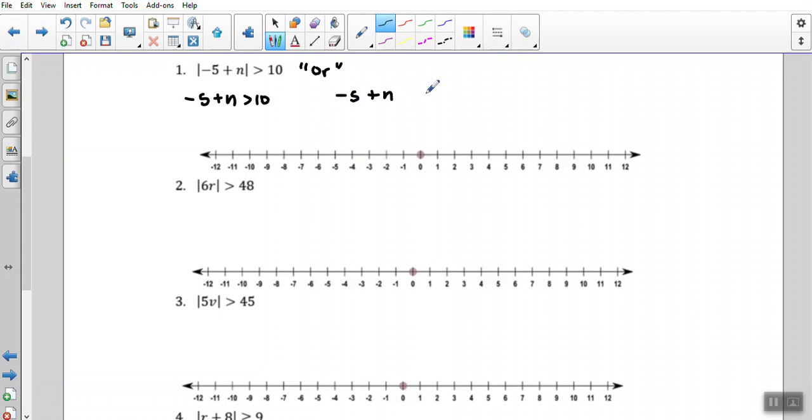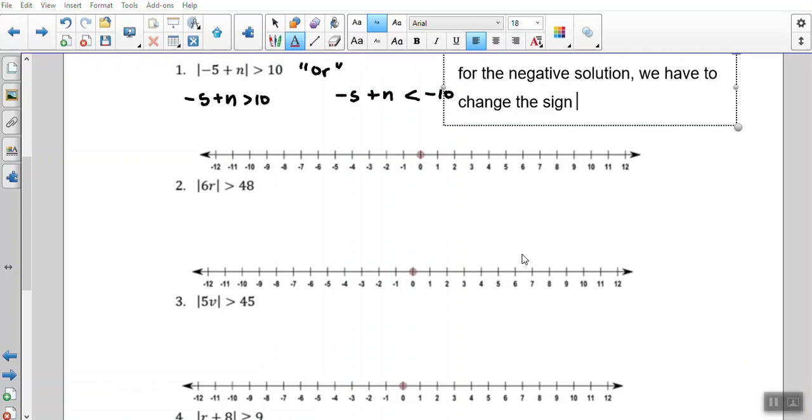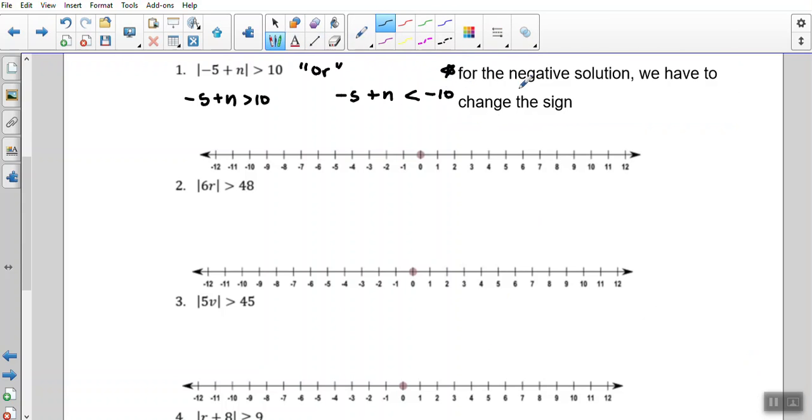But for the negative 10, we have to remember to change the sign. For the negative part, we have to remember to change the sign right here. Okay? So now we can start by just solving these two. N is greater than 15.